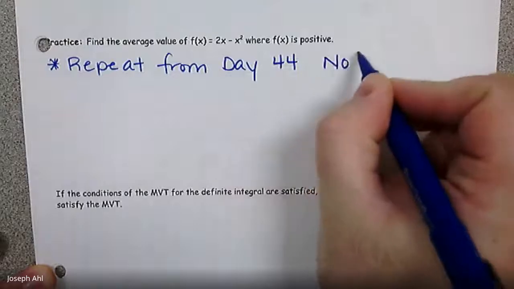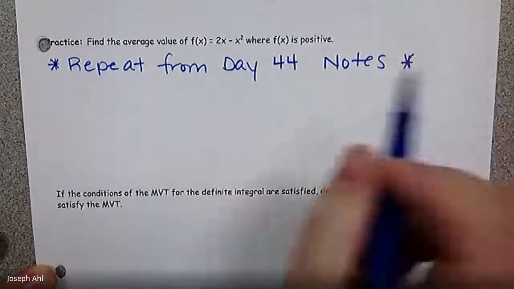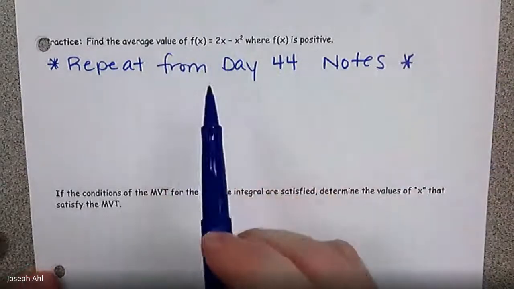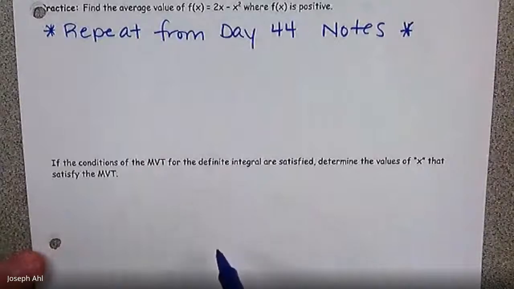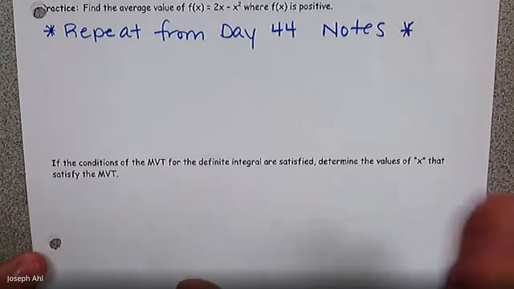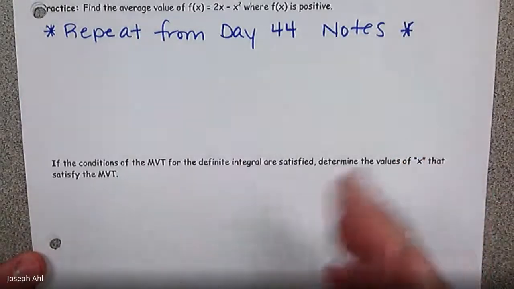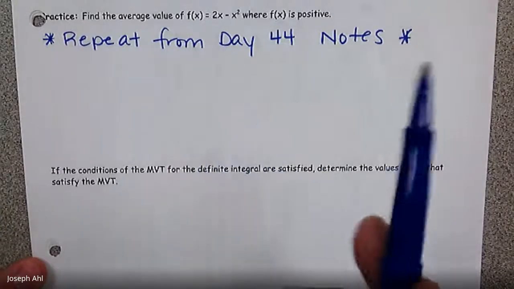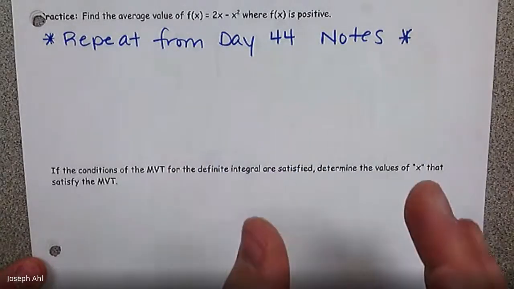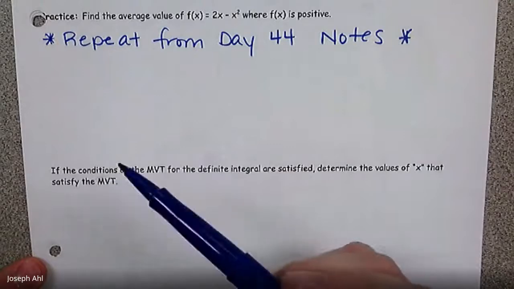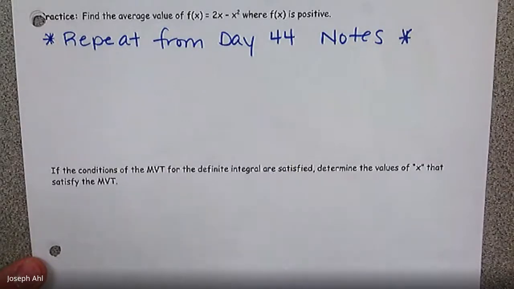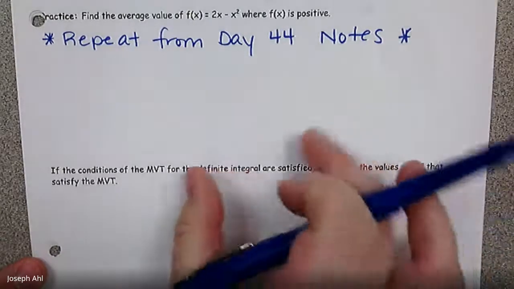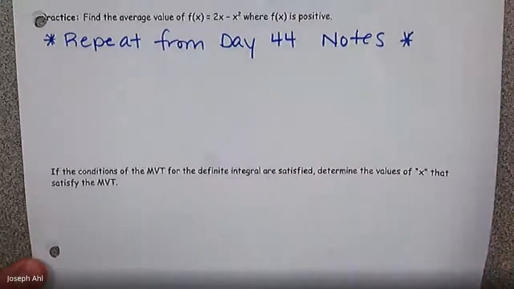If you want to see if you can repeat the process for the same exact function and the same exact mean value theorem process, just to see where am I at with understanding mean value theorem as it relates to definite integrals, then certainly go back and try this one again. If you get stuck, look back at your day 44 notes, which this question should be filled in at the very end, okay? But otherwise, I don't think we necessarily need to repeat that process right now. We'll do more mean value theorem and reference it a little bit in today's lesson as well.